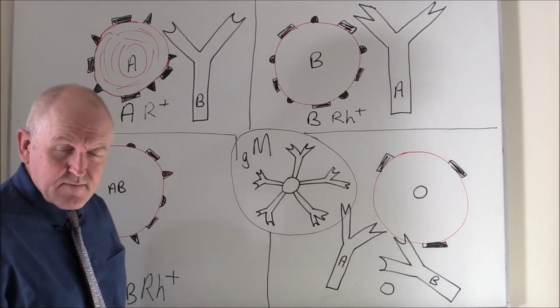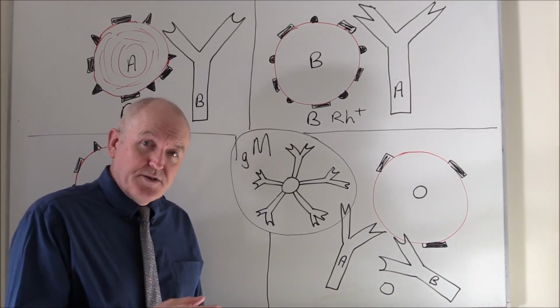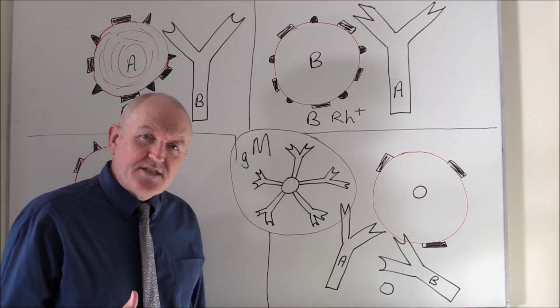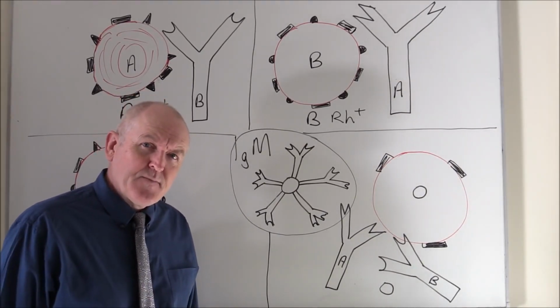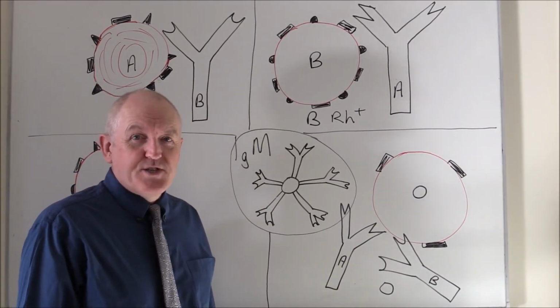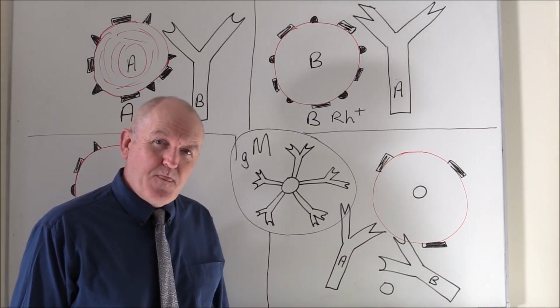But if someone who is Rhesus negative is exposed to Rhesus positive blood, then that means they will be exposed to Rhesus factor antigens. And of course, an antigen is something that causes the body to produce an antibody, an immunoglobulin.